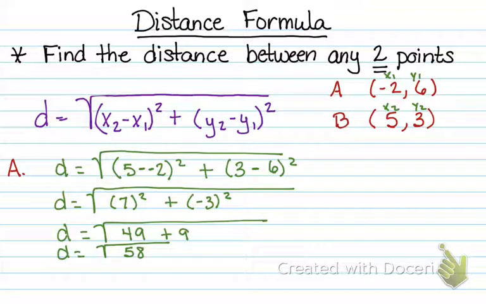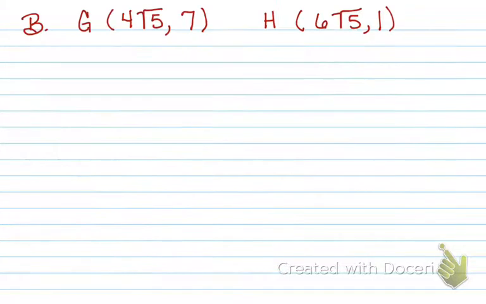If you put it in the calculator, you're going to get a decimal that continues, so this is the most proper answer. All right, let's try another one. So this one has some different types of numbers in it. 4 square roots of 5 just means if you put the square root of 5 in your calculator and get the number that goes on forever, and then you multiply it by 4, that's what you're getting. So this is the most accurate way to write that number, but we're going to use the formula the same way.